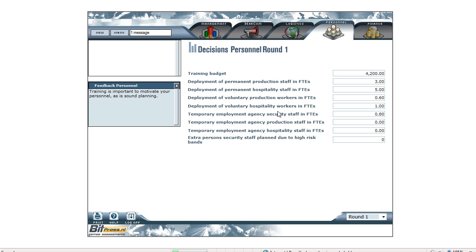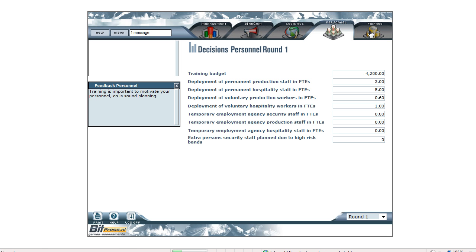Next to your permanent staff for production and hospitality, you can plan in the voluntary workers, the temporary employment agency staff, and maybe also extra persons for security.